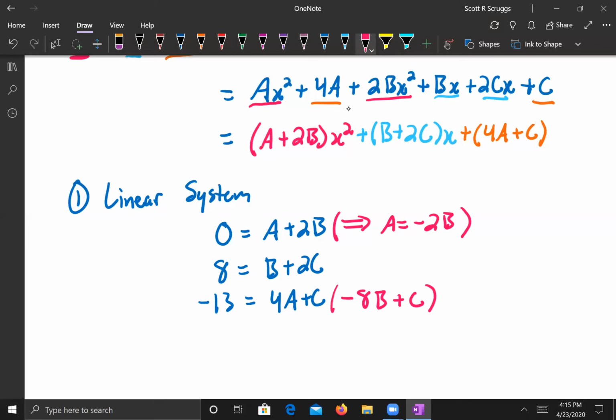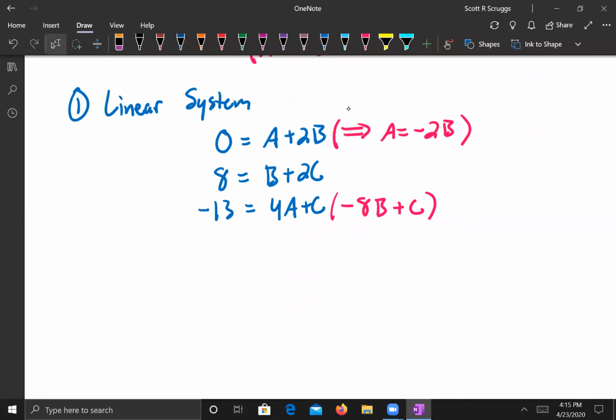So now let's modify what equations are left. 8 equals b plus 2c. And negative 13 equals negative 8b plus c.